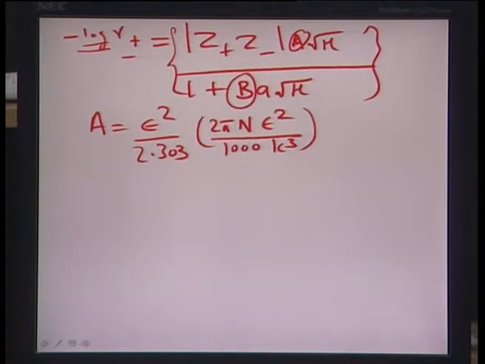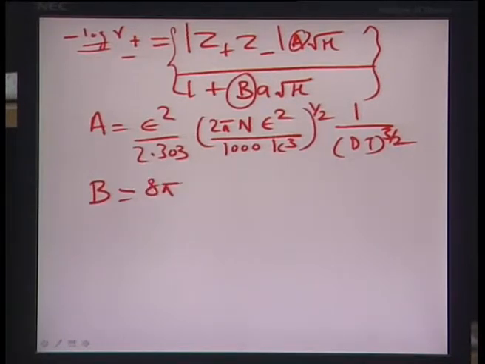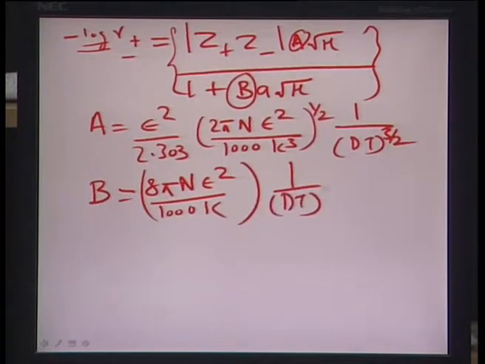Z I square is again modulus of z plus into z minus, raised to the power of half, times 1 by dT to the power of 3 by 2. That is how the A can be represented, and the B here in this equation can be represented as 8 pi N epsilon square by 1000 k, times 1 plus dT to the power half.